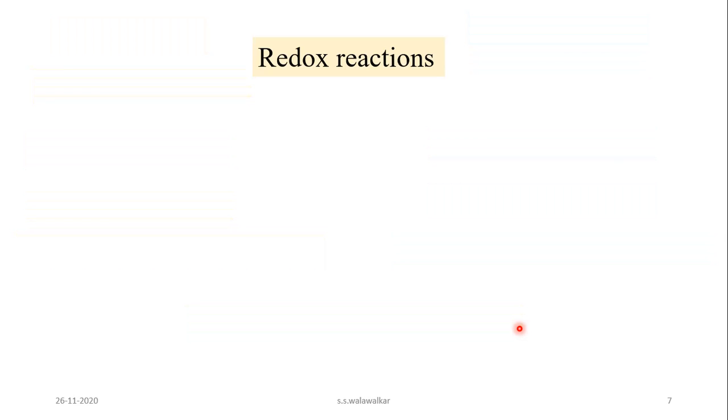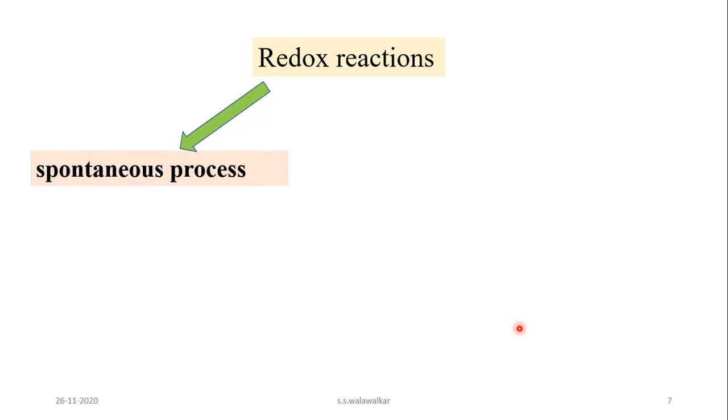Now see the next part: these redox reactions are of two types, spontaneous processes and non-spontaneous redox reactions. Now what are spontaneous reactions? Spontaneous redox reactions are those redox reactions which take place of their own without external help.